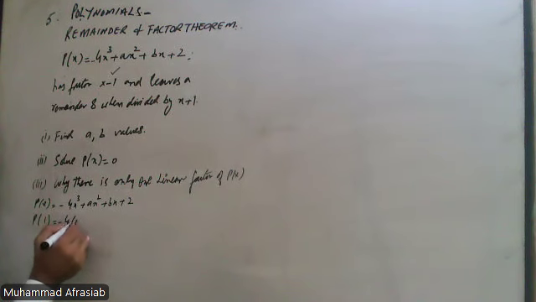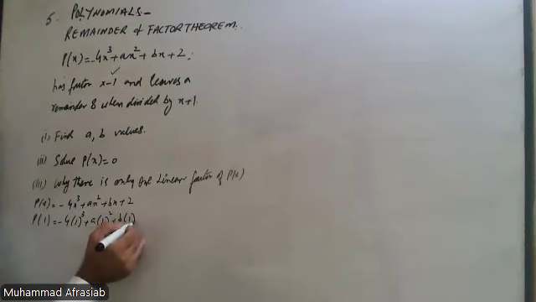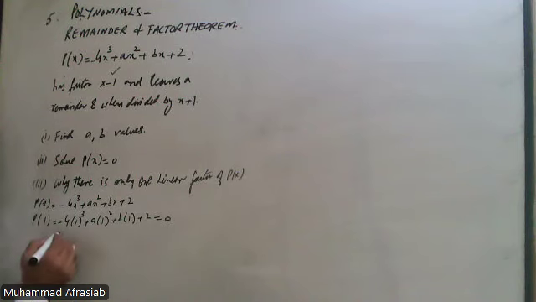So it should be minus 4 into 1 cube plus a into 1 square plus b into 1 plus 2, and that is equal to 0 because it is a factor. So this becomes minus 4 plus a plus b plus 2 equal to 0. This will become a plus b equal to minus 2, and this 2 goes to the other side. So a plus b is equal to 2 when it has a factor x minus 1. Let's say that is equation number 1.